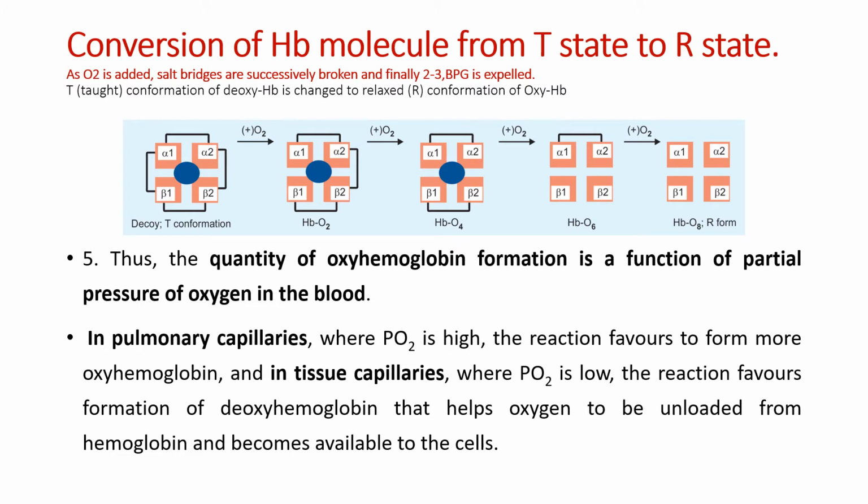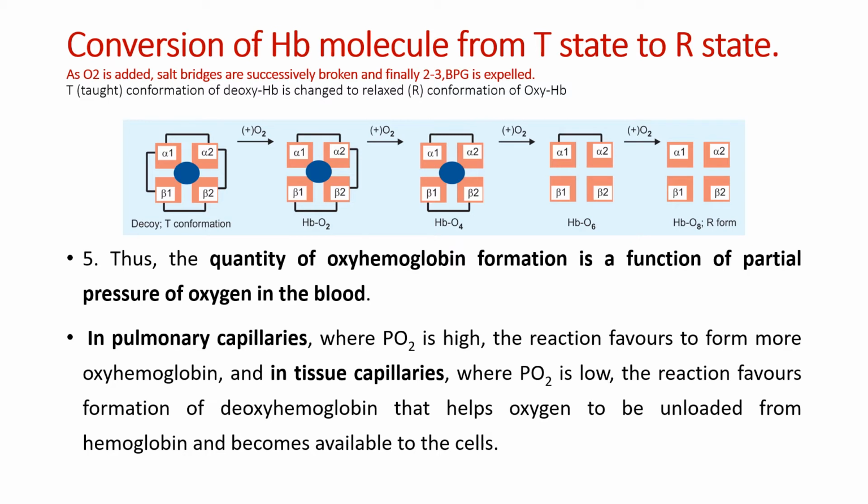Now, thus the quantity of oxyhemoglobin formation is a function of the partial pressure of oxygen in the blood, isn't it? Here also, partial pressure of oxygen is playing a role in increasing the affinity of the hemoglobin to oxygen. Whenever there is decreased partial pressure, the affinity of the hemoglobin will decrease, and when there is increased partial pressure, the affinity of hemoglobin will increase.